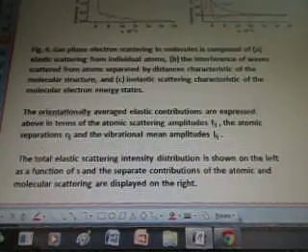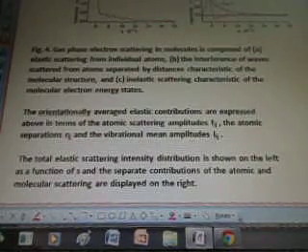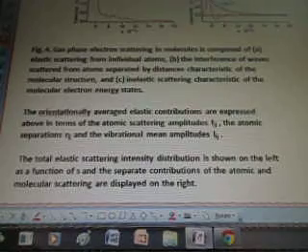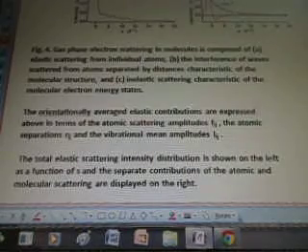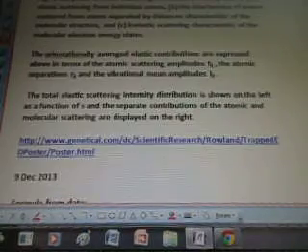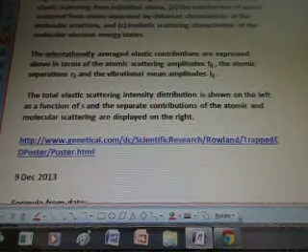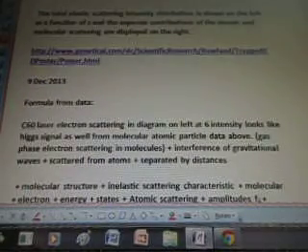The orientationally averaged elastic contributions are expressed above in terms of the atomic scattering amplitudes Fij and the atomic separations Rij and the vibrational mean amplitudes lij. The total elastic scattering intensity distribution is shown on the left as a function of S, and the separate contributions of the atomic and molecular scattering are displayed on the right. So that's from www.genetical.com. Okay. Here's the formula from the data.